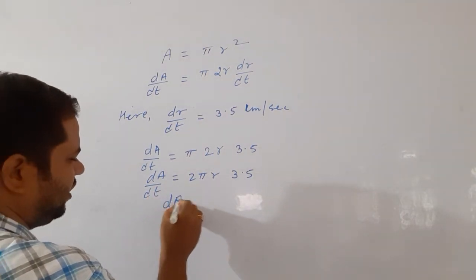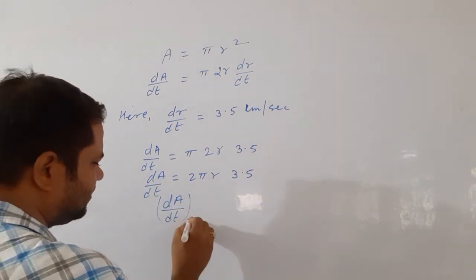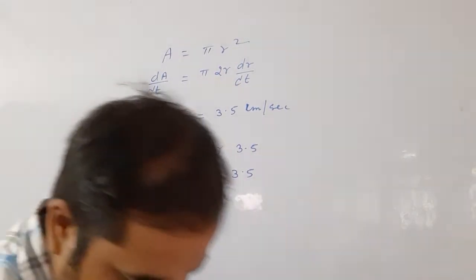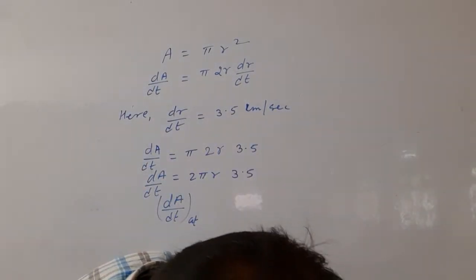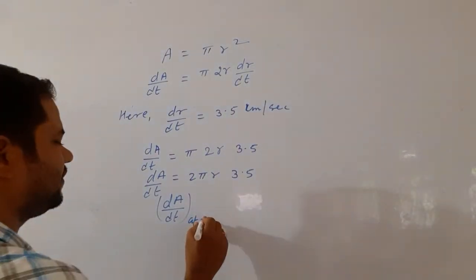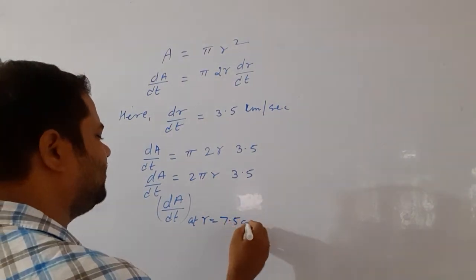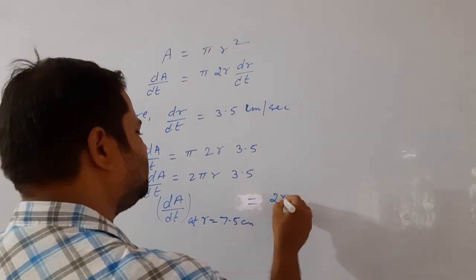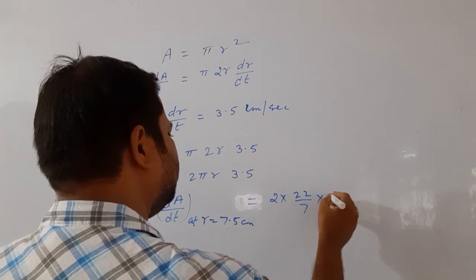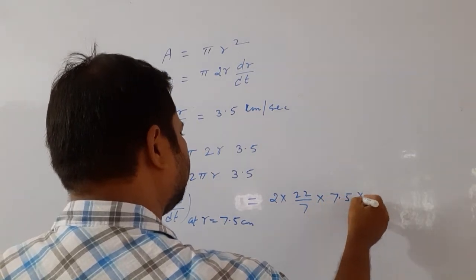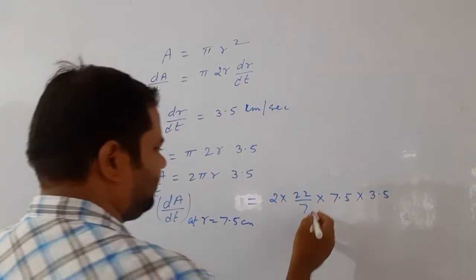Now dA upon dt at what? When radius r is equal to 7.5 centimeter, it is 2 into 22 by 7 into 7.5 into 3.5.